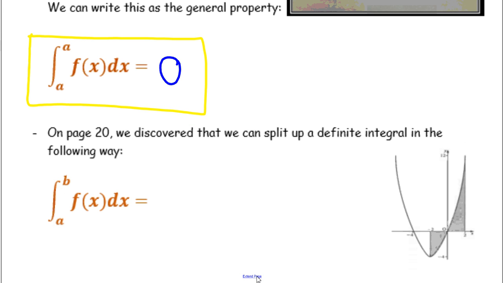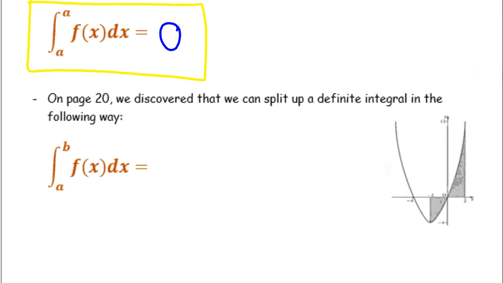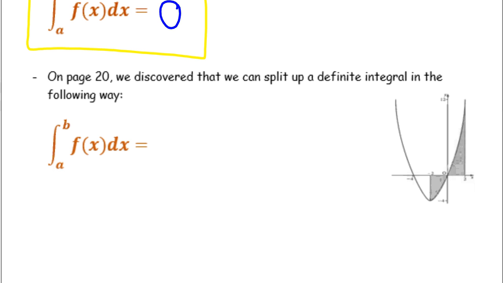And then this is another flashback. On page 20, we discovered that we can split up a definite integral in the following way. So remember, if you're trying to work out the overall definite integral, it's fine, but if it's the area, we have to split it up into this area, work out that one, and then add to it this area, like the absolute value. So our lower limit is a, our upper limit is still b.